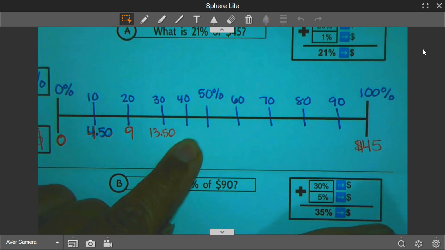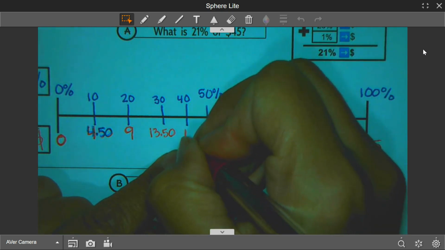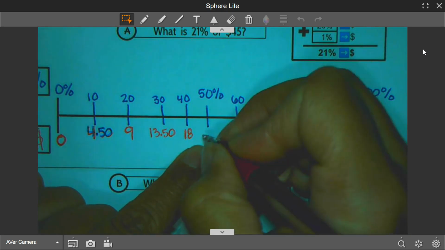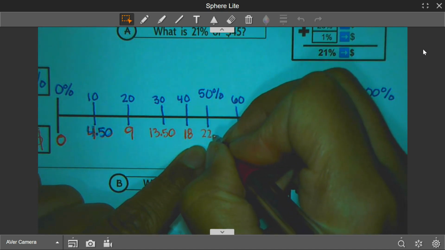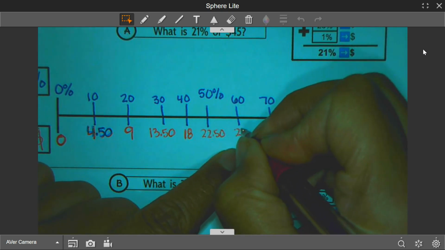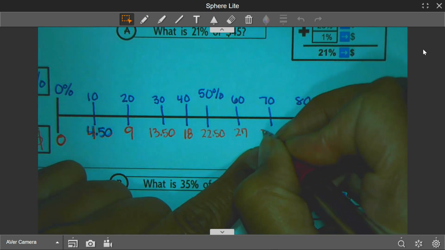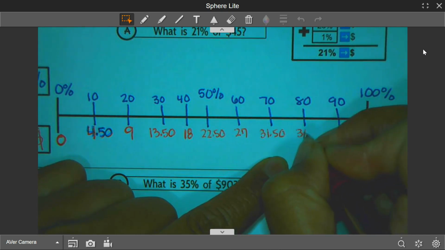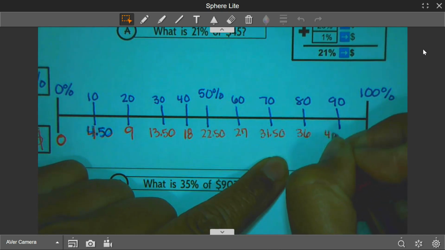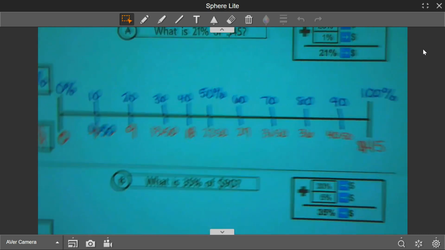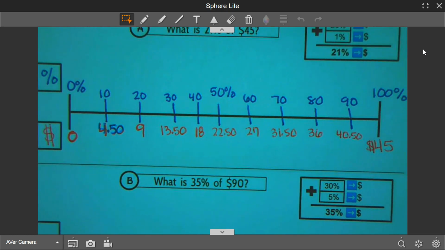Add another $4.50, $18. And I'm going to keep going, adding another $4.50. Keep that pattern going, and then 45.